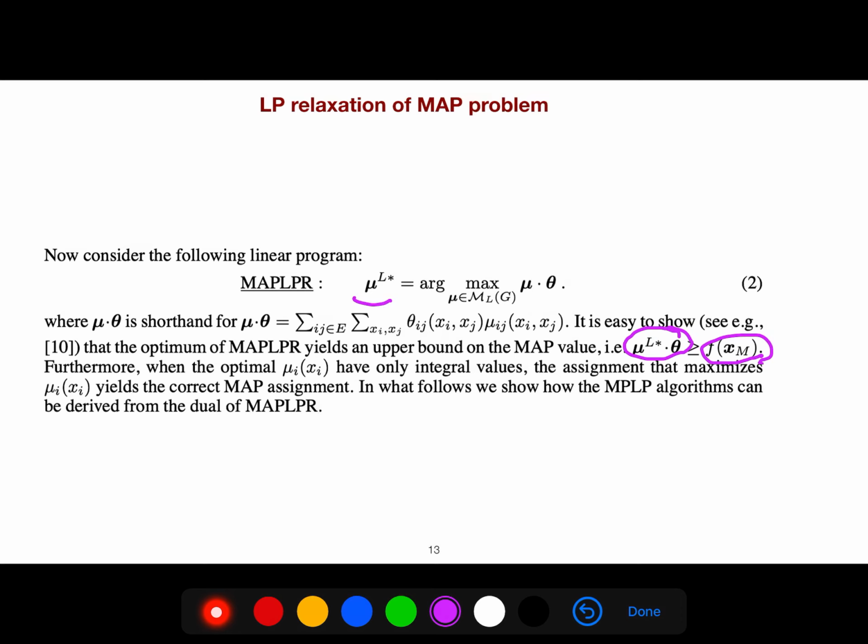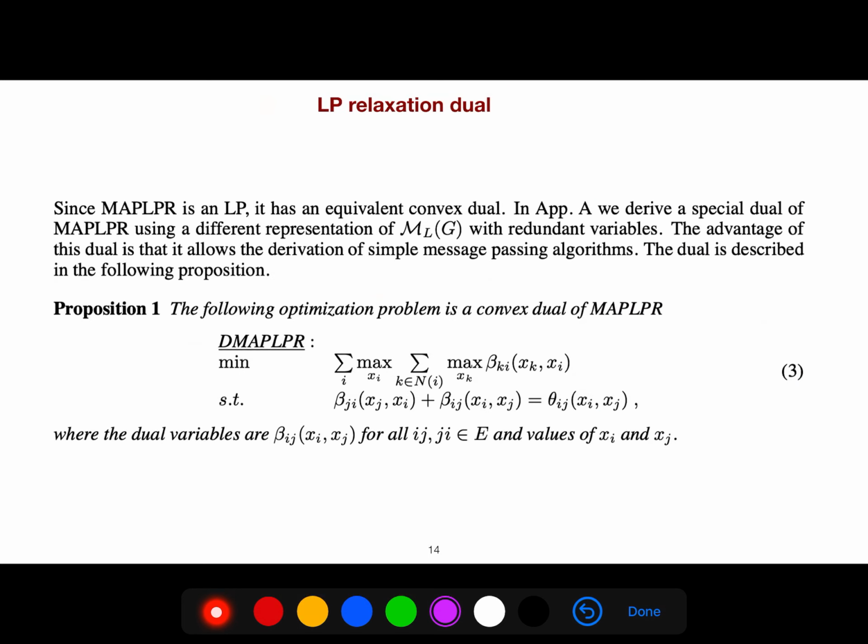So when the optimal mu has only integral values, the assignment that maximizes yields the correct MAP assignment. We make sure that they are the correct MAP assignment. And here is the proposition that is proved in this paper for the convex dual of that.